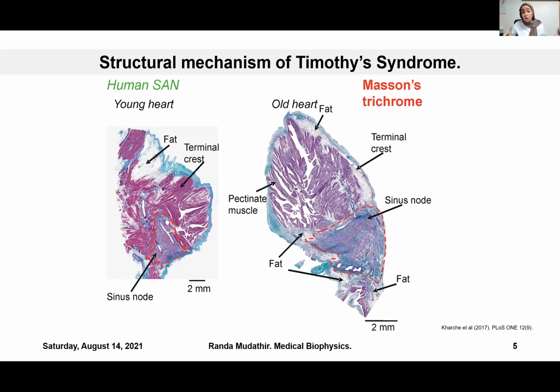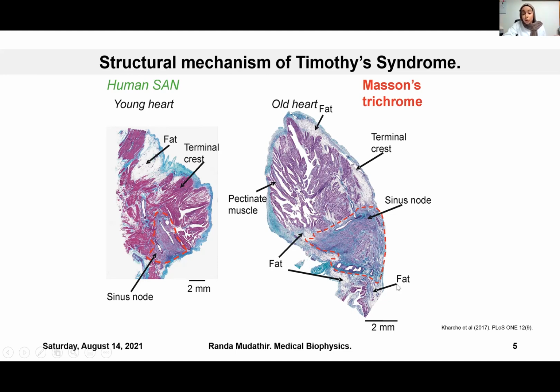Timothy syndrome also induces several structural changes that contribute to the arrhythmia that Timothy syndrome patients experience. Over here on the slide, I have human sinoatrial node images of a young heart and an old heart. The old heart on the left is actually a good representation of what the heart of a Timothy syndrome patient will look like.